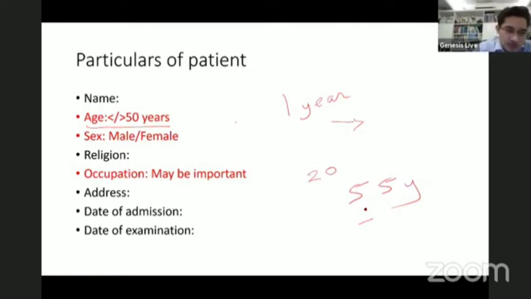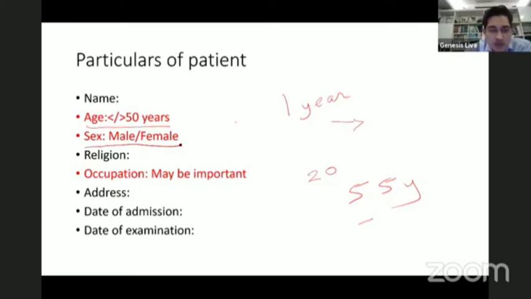Sex, male or female, very important. For example, if a male patient comes to you with a right iliac fossa lump, you'd probably not be thinking of any gynecological diseases, right? But there are a lot of gynecological diseases that can have a right iliac fossa lump. Most commonly, a tubo-ovarian mass or abscess.